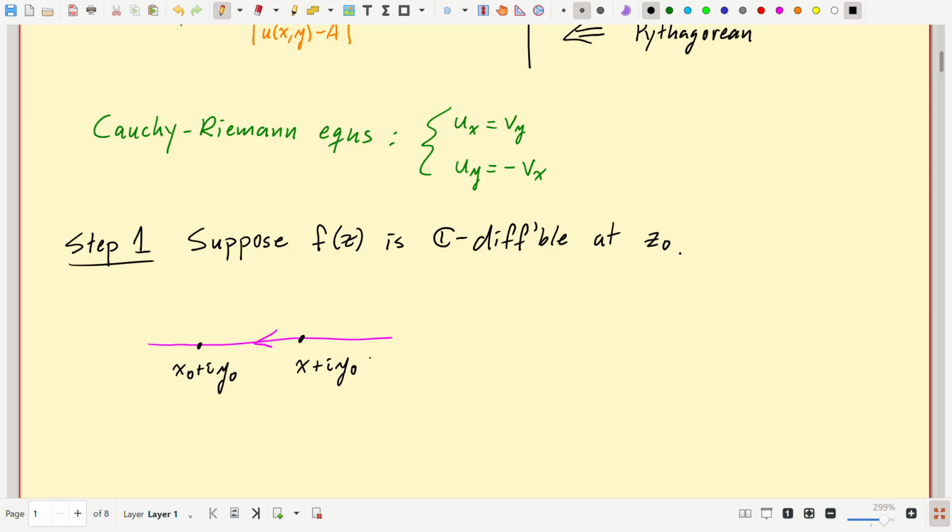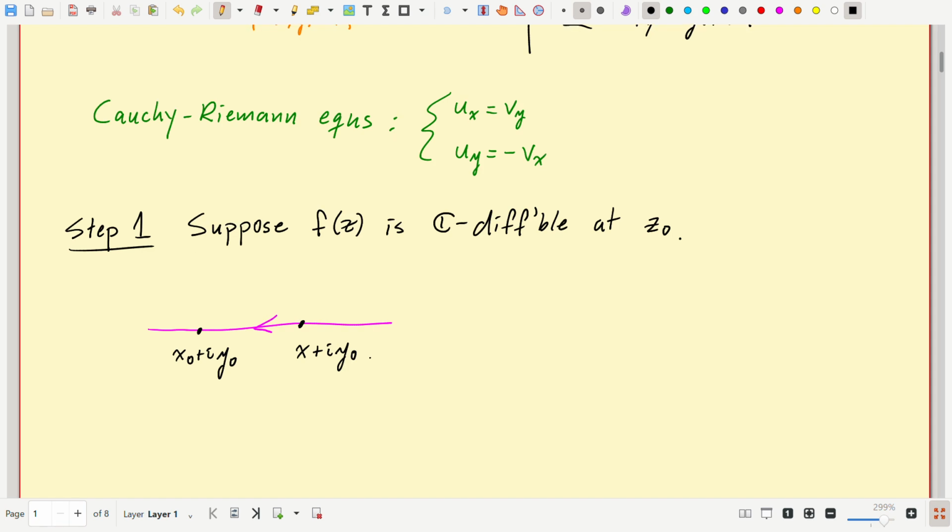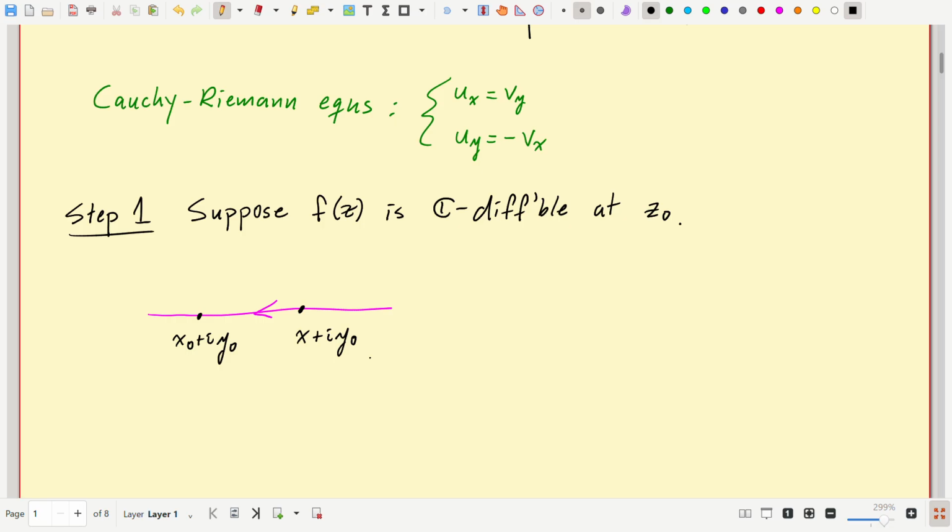And I'm going to slide into the z naught point along this horizontal line. I know that that limit has to be the same as the derivative. So the difference quotient, let's calculate it. That's f of z minus f of z naught over z minus z naught.